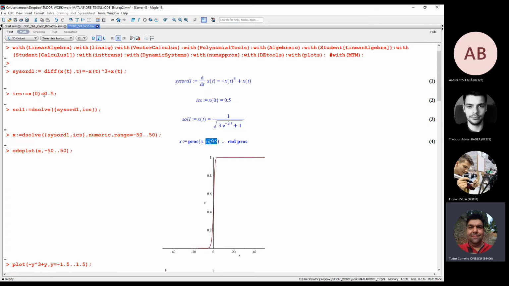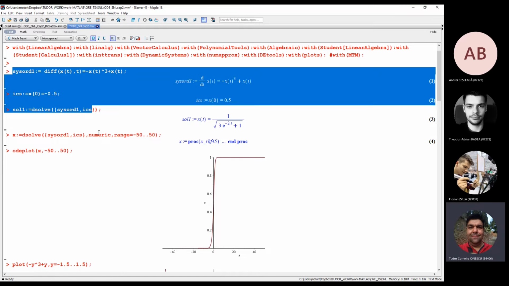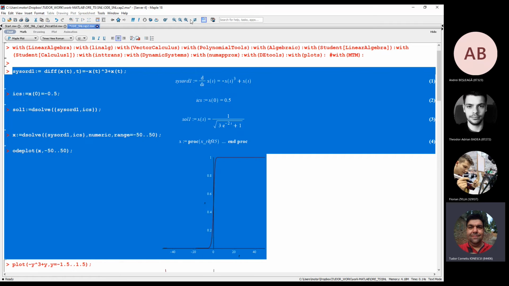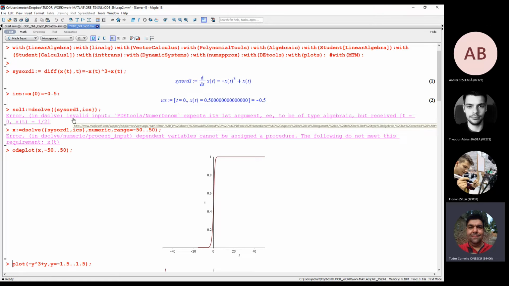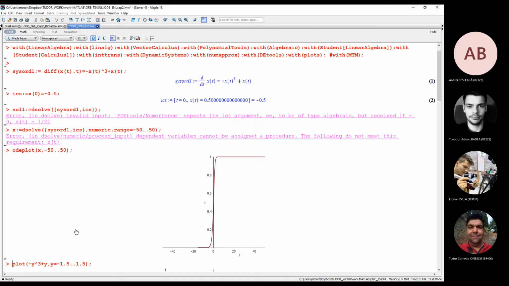Let's see what happens if you take a negative initial condition. It's not working. Sorry about that.